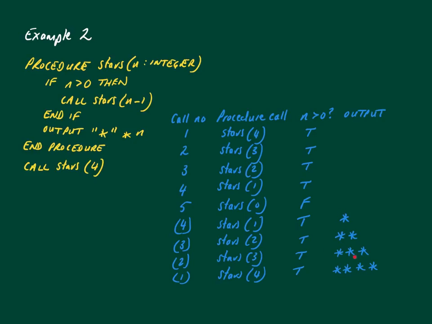And this part here, I'm going to do in a different colour, is called the recursive calls unwind. And that's where all of the previous calls are completed. So the copies of the procedures, that execution is completed until you get to end procedure. And so it just unwinds the copies of the code that you created in memory.